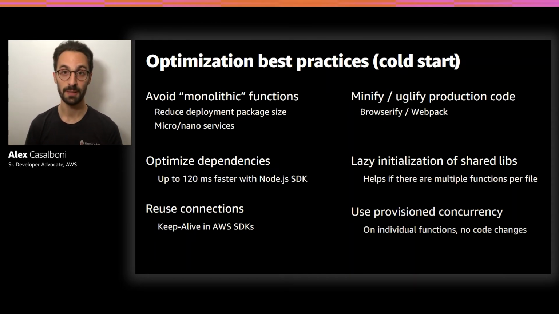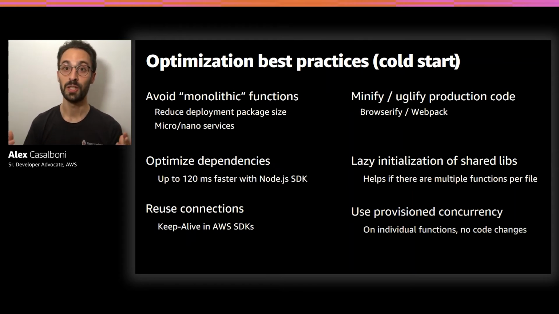And if you think about it, if you are executing the same initialization code for all the functions in that file, but some of those shared objects or libraries are not actually shared, you're just maximizing the cold starts of all the functions in that file. So what you can do is lazily initialize those not really shared objects and then actually initialize them down inside each individual handler. And I'll show you a simple example in a second.